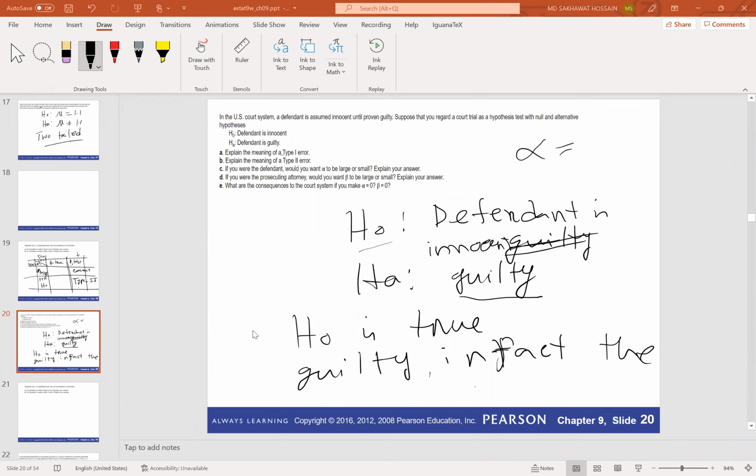If you have large alpha, that means you have more possibility to make type 1 error. And more possibility to make type 1 error means an innocent person will be accused as guilty. So if you are an innocent person, you might be accused as guilty if you consider large alpha. Now think about that. Do you still think that you will consider large alpha or a small alpha?